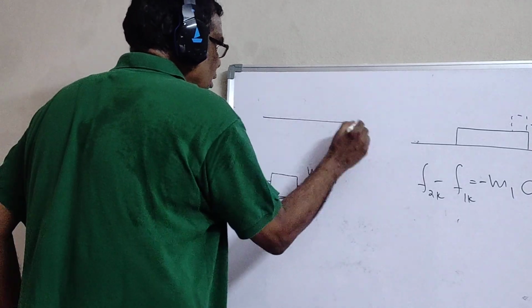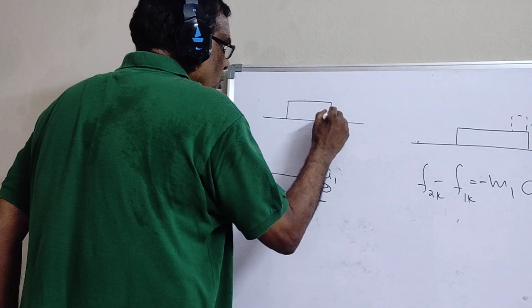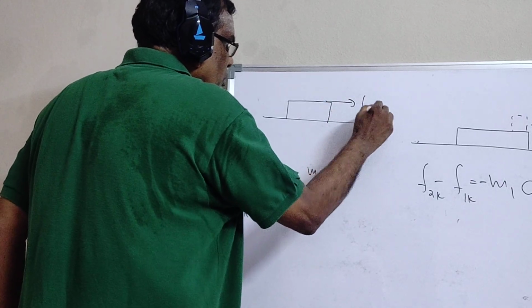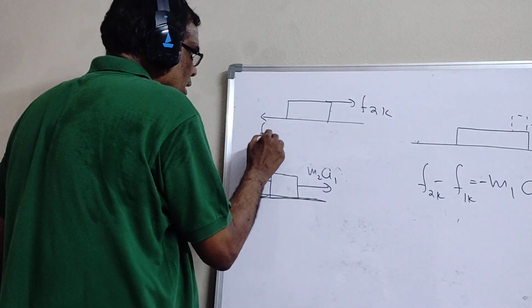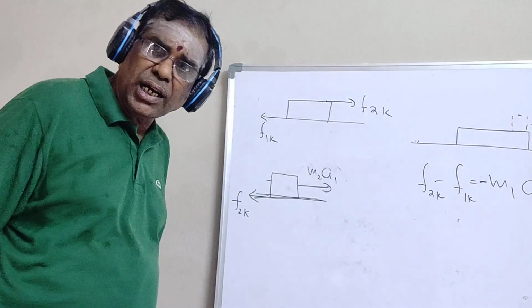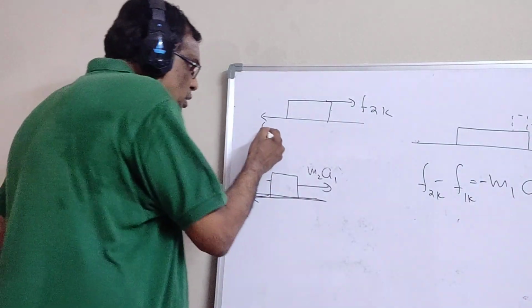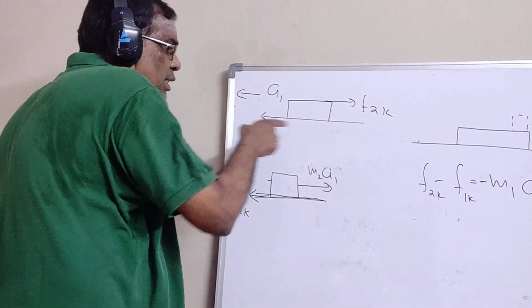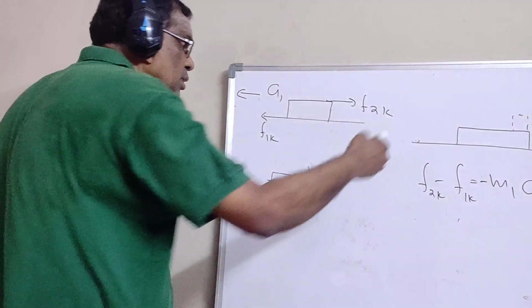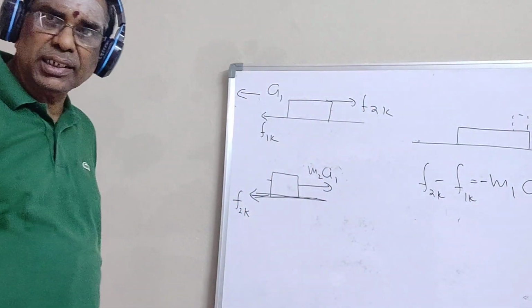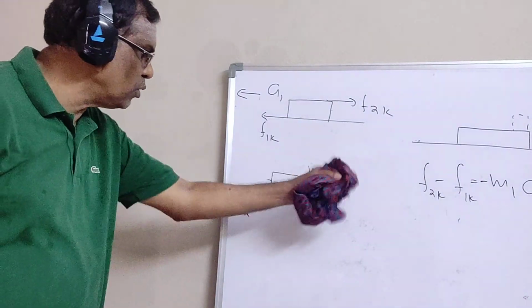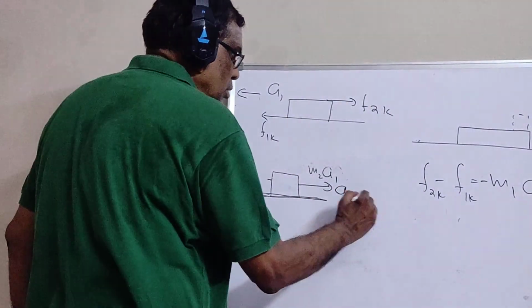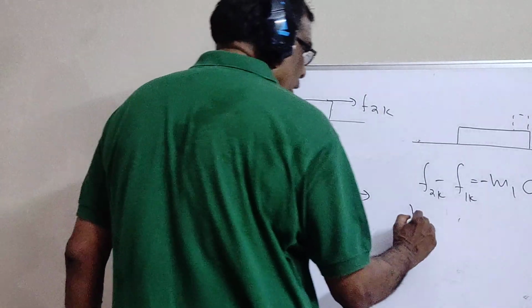I'm saying, this is F2K, F1K. But this body will eventually stop. Means this must be more than this. So, there is a retardation in this direction or acceleration in this direction. So, pseudo force.